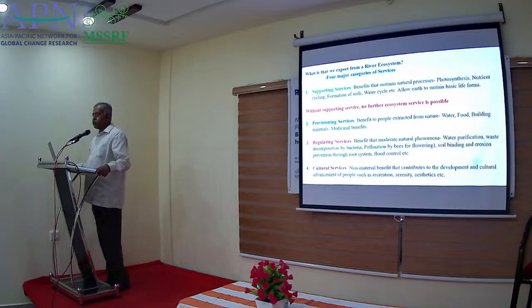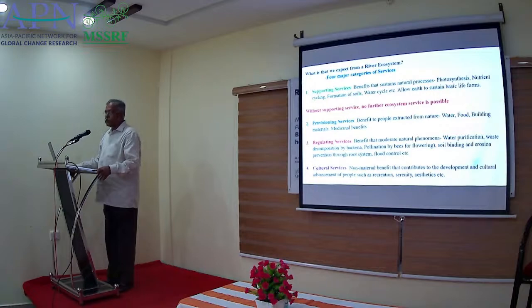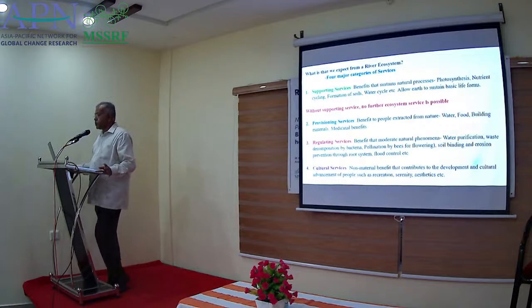What is it that we expect from a river ecosystem? Basically, four major categories of services. Probably yesterday also Ajayakumar must have shown the same slide. The first service that we expect from a river ecosystem is the supporting service. That is, benefits that sustain natural processes like photosynthesis, nutrient cycling, formation of soils, water cycles, etc. That allows Earth to sustain itself with its basic life forms.